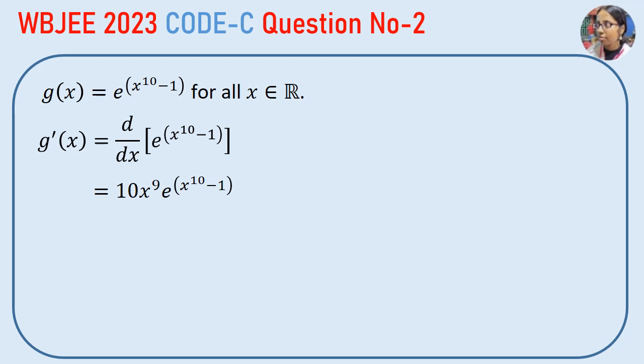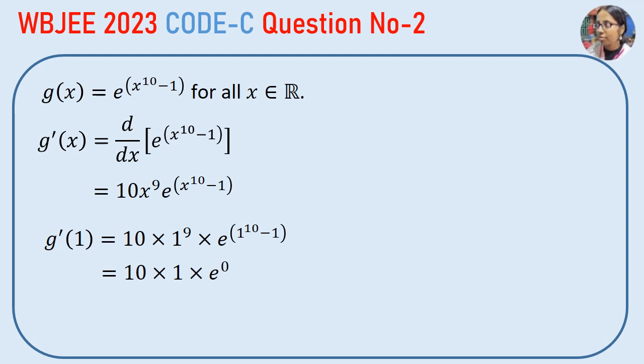So we get g prime x is equal to 10 x to the power 9 times e to the power x to the power 10 minus 1. Consequently, g prime of 1 is equal to 10 times 1 to the power 9 times e to the power 1 to the power 10 minus 1, which is equal to 10 times 1 times e to the power 0.